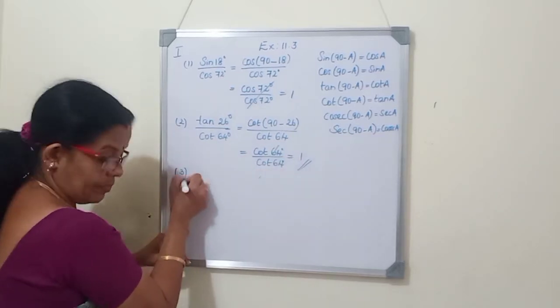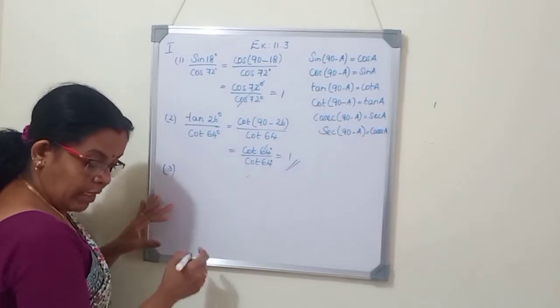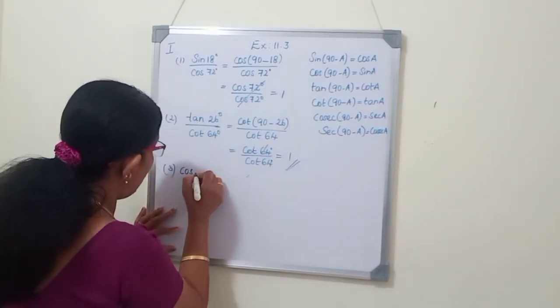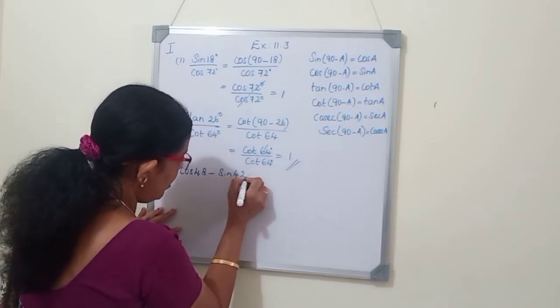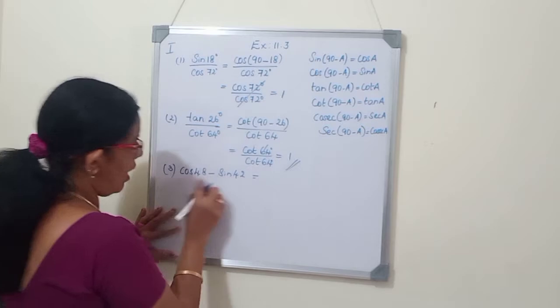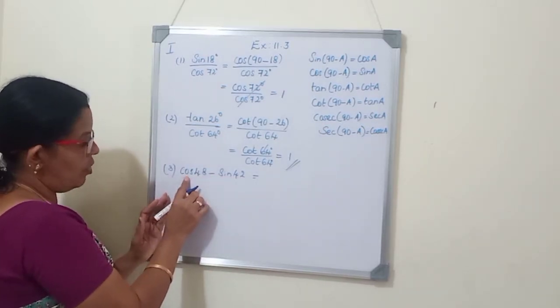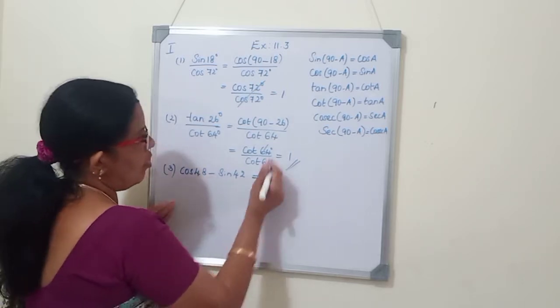Third question. Cos 48 minus sin 42. Cos 48 minus sin 42. In this case, we have to subtract these two terms. So, any one we have to change here also. So, if I change the first one cos 48, what is cos A?